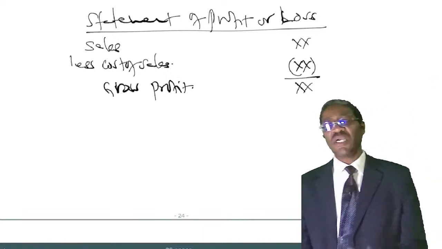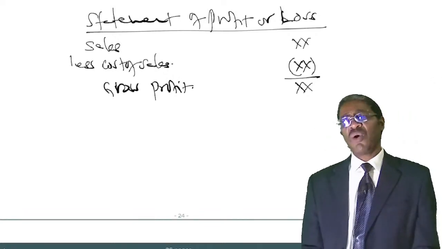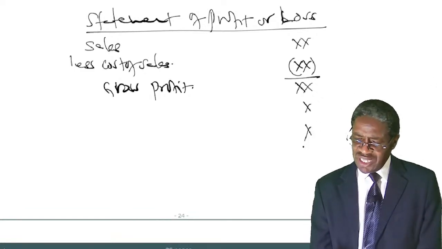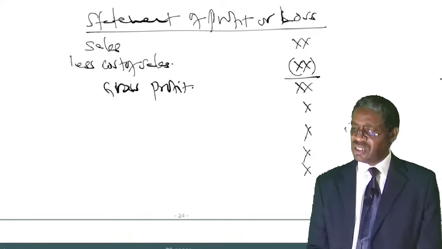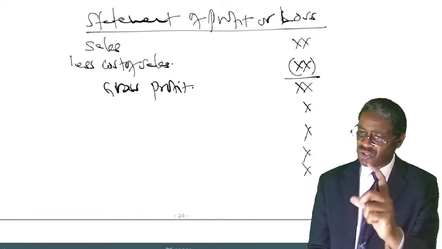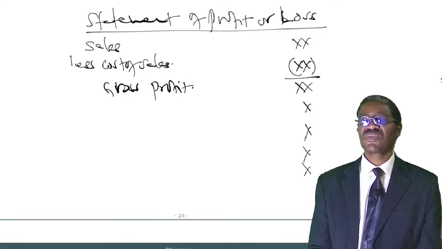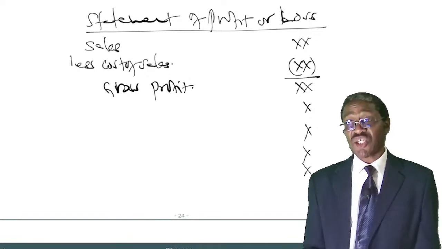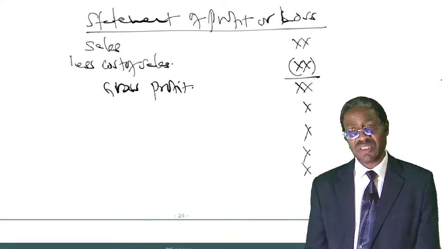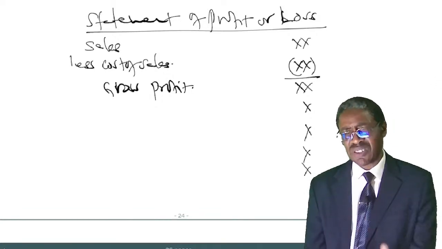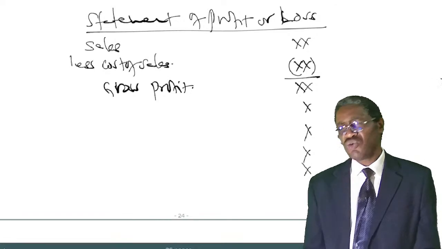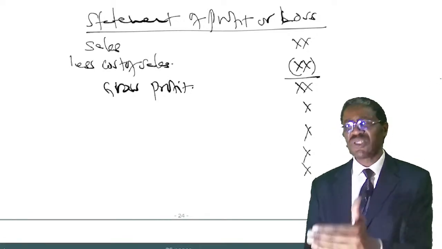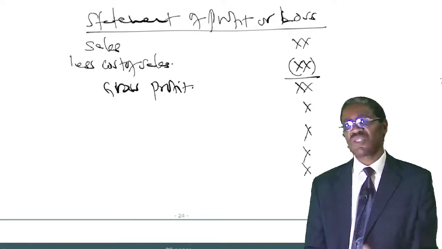Then, in your financial accounting, once you got the GP, you had to minus the expenses. But listen to this important point. When it comes to the income statement for publication purposes, you don't just list the expenses by their name. You don't come and minus electricity, water, telephone, insurance, depreciation, and so on.